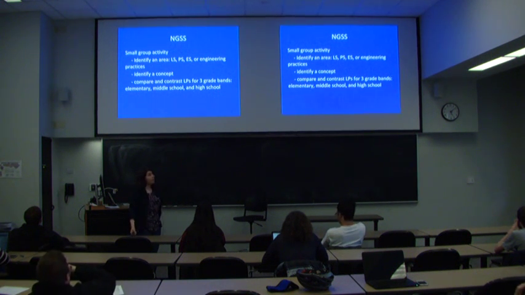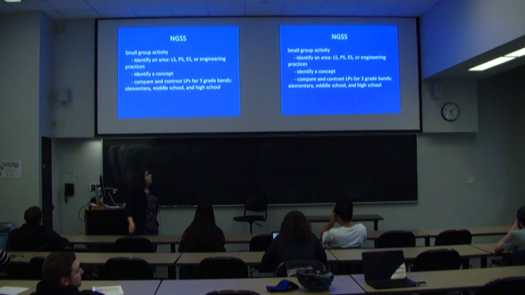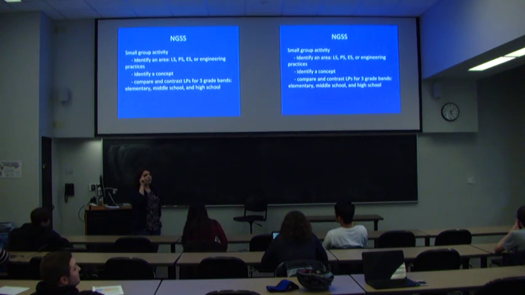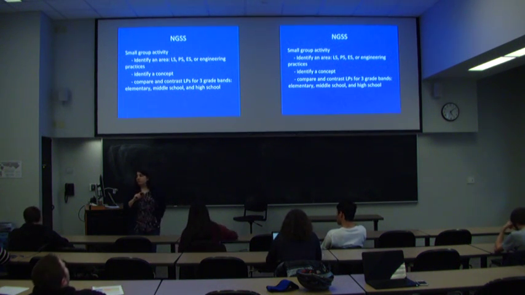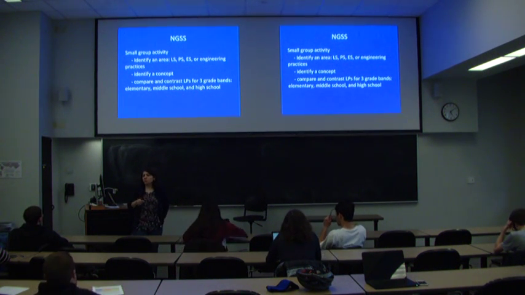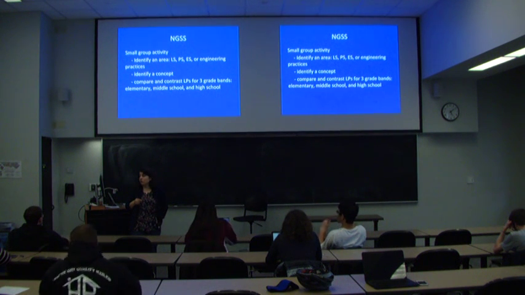Some of you, if you are interested in engineering, there are standards for engineering practices and engineering design. Then do the same thing that we just did for the ecosystems. Look at how it is different at the elementary school level, middle school level, and high school level. Is that clear? We are going to spend about 7 to 8 minutes, and then I'm going to give you some time in case you have questions. Okay?